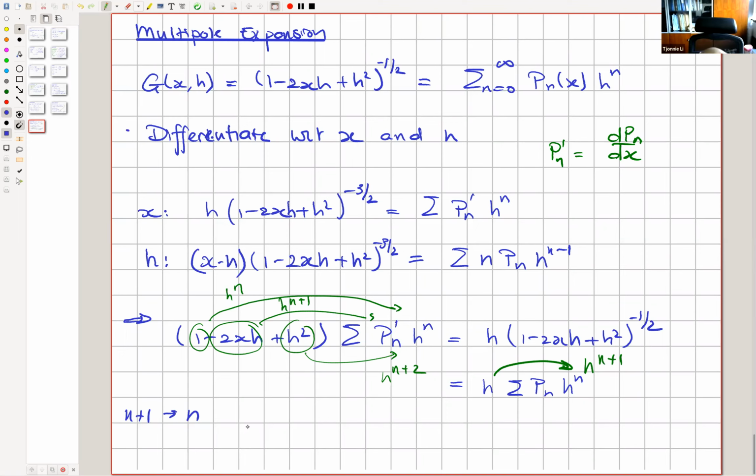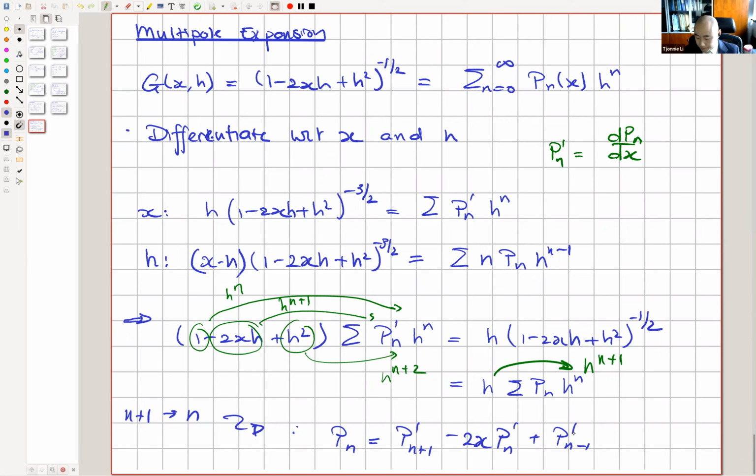And so I can turn this equation into the following equation. Just by equating all the powers in h, I can now turn this into Pn equals P prime n plus 1 minus 2x Pn prime plus P prime n minus 1.